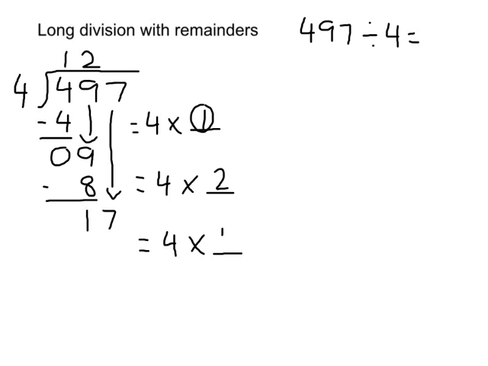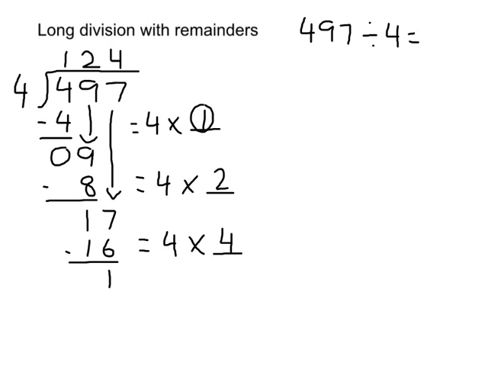In this case, it is 4. So we take the 4, we put it over the 7, keeping in line all the digits in the place value chart. So 4 times 4 now is 16. And once again, we subtract it. 17 minus 16 is 1.